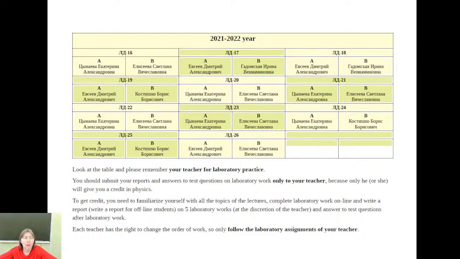And you have to take a short test. I will open the test today or tomorrow for you. And that's all. Your homework: read the lecture. Prepare a sheet of paper for laboratory practice.